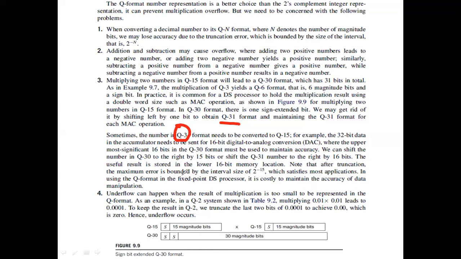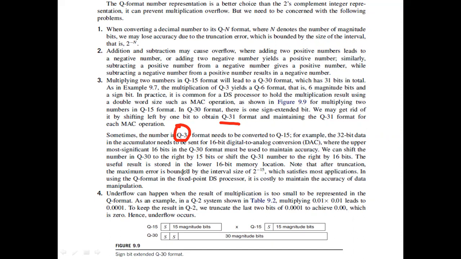And what are the problems, by the way? If your number is more than 1, suppose I add 0.6 plus 0.6 in a Q15 notation, the result is going to be larger than the maximum number that Q15 notation can hold, which is a little less than 1, right? In such case, overflow is going to occur.